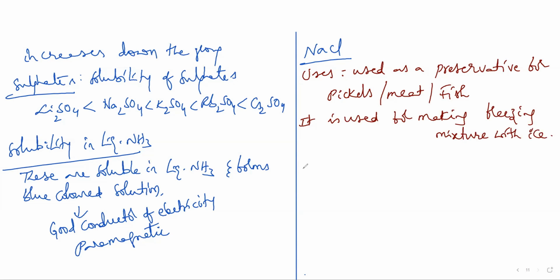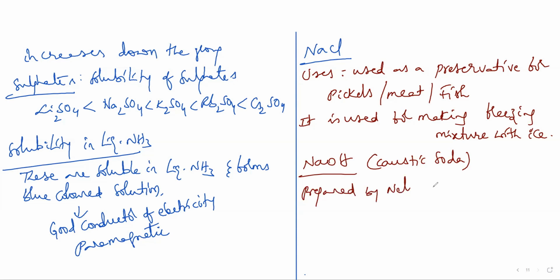Next compound, NaOH. This is known as caustic soda. So it is prepared by Nelson cell method.